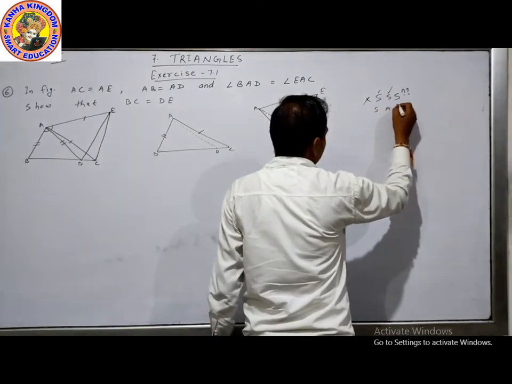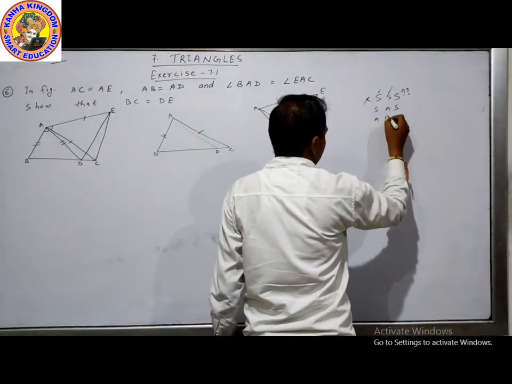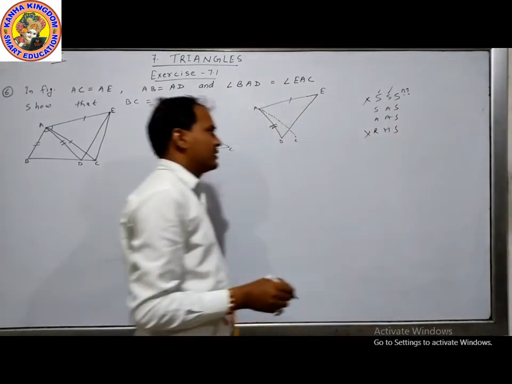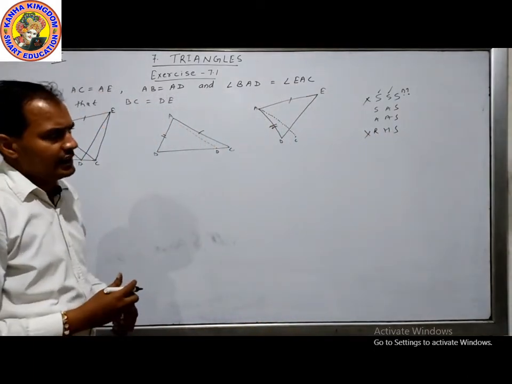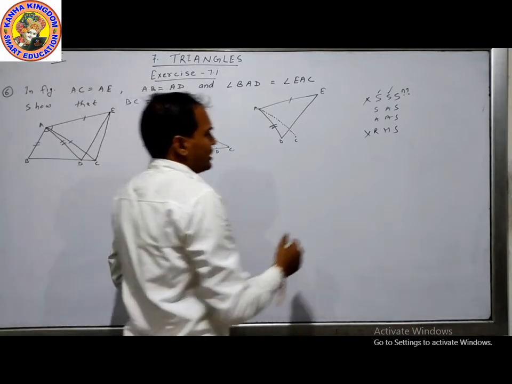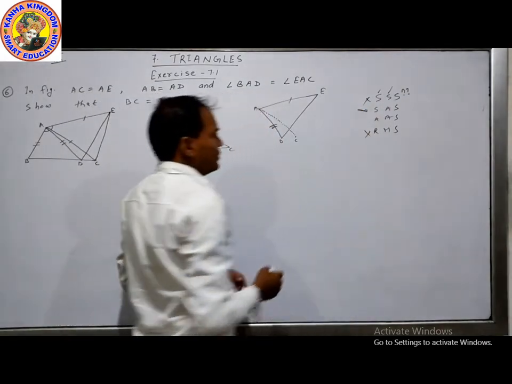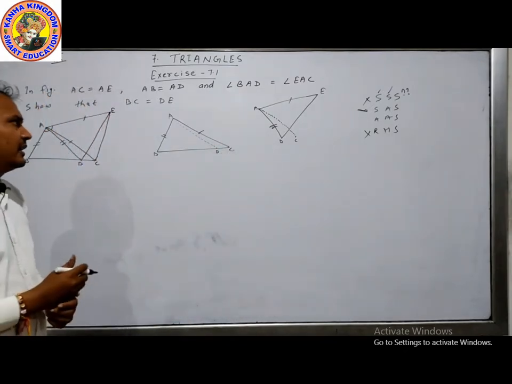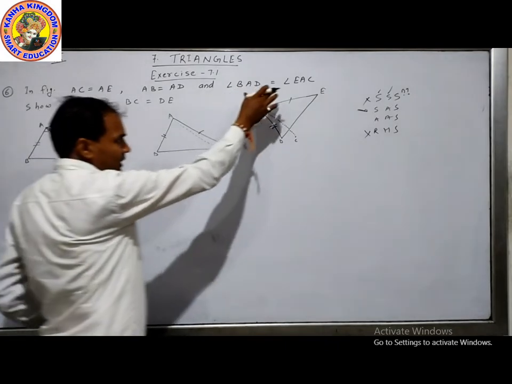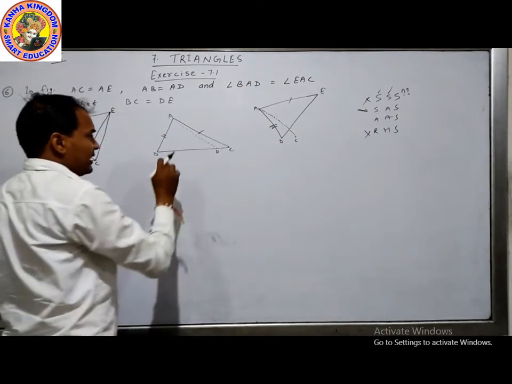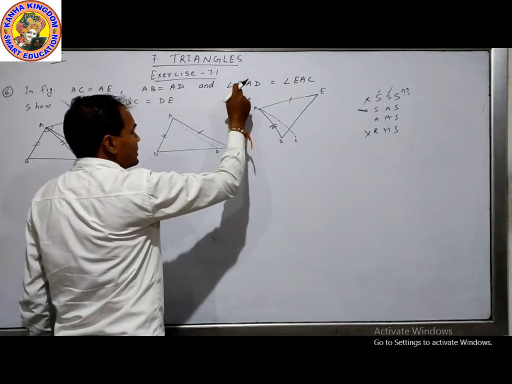Another is SAS, AAS and RHS. RHS needs a right angle. There is no right angle, so we cannot use RHS. Two sides are given, so this rule is perfect. We have to find the included angle. Yes, there is one angle. So what is this angle?